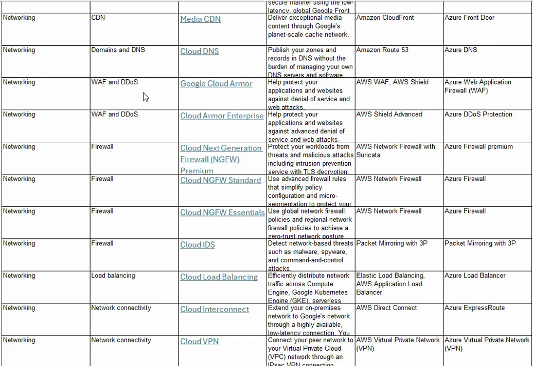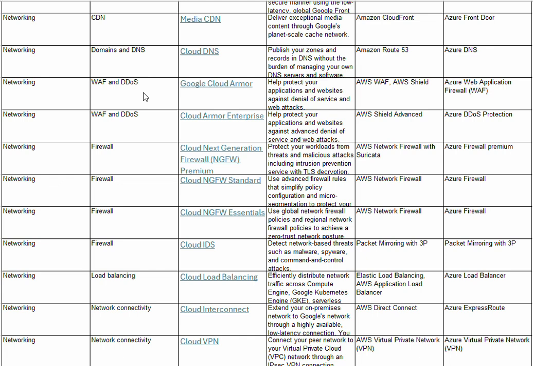Next thing is the networking firewall. There are multiple types of firewall available, and we just have to remember the very important or default one. On Google they have Cloud Next Generation Firewall, which is a premium offering, or Cloud Next Generation Firewall Standard or Enterprise.